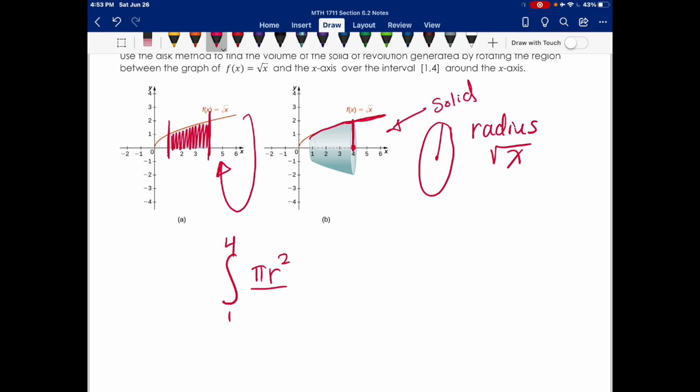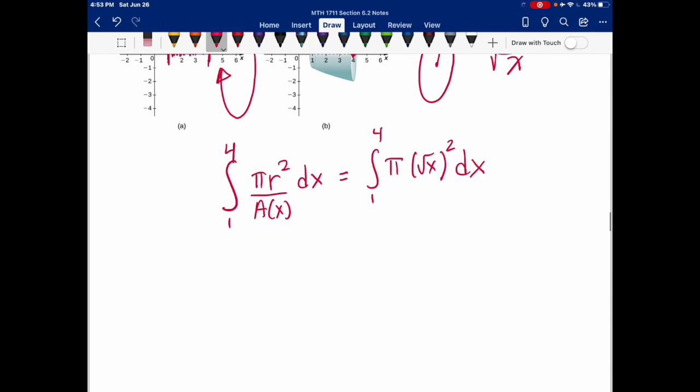So to find this volume, I'm going to set up an integral from 1 to 4, and we're going to do pi r squared. That's our area. So we're integrating the area to get the volume. And since I want to make sure I rewrite it in terms of x, and we know my radius is the square root of x, I'm going to rewrite it like this.